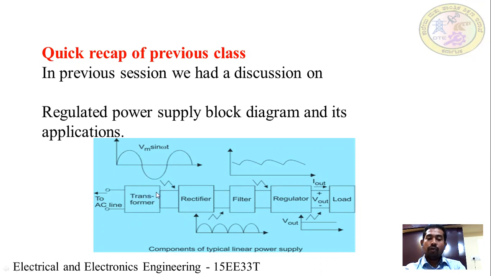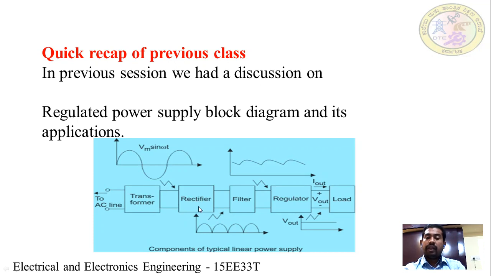This output of the transformer is given to the rectifier circuit. The rectifier is a device which converts the AC voltage to pulsating DC voltage. Pulsating DC voltage means it consists of ripples in it. Ripples are nothing but AC voltage.